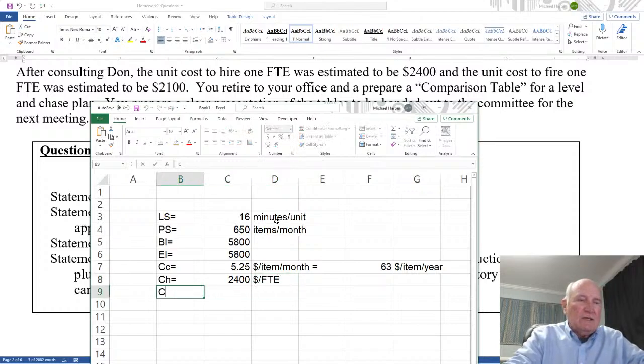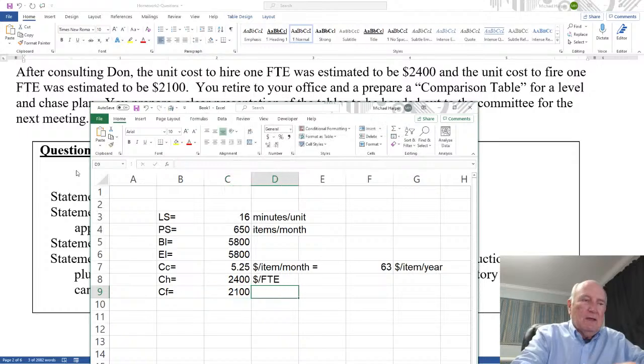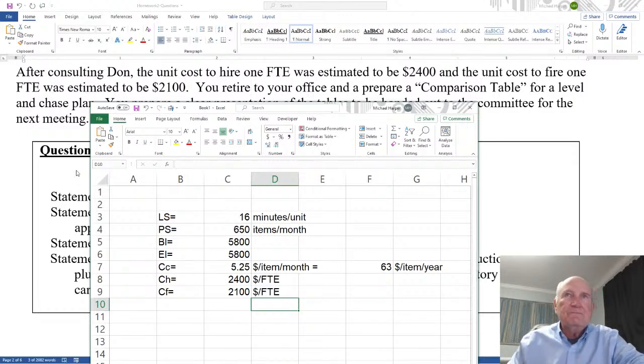And then the cost per fire is 2,100, and that is dollars per FTE.